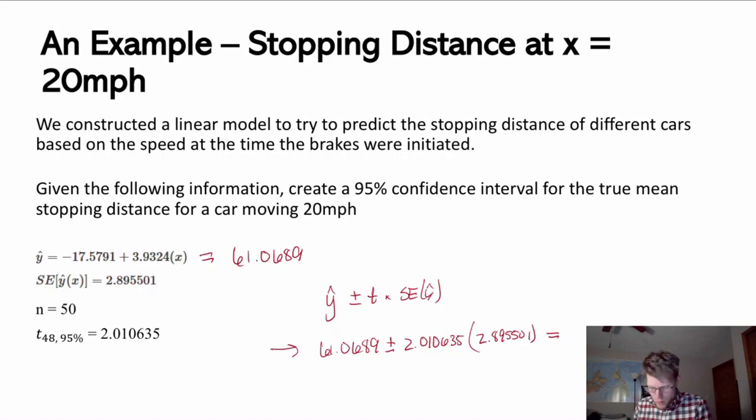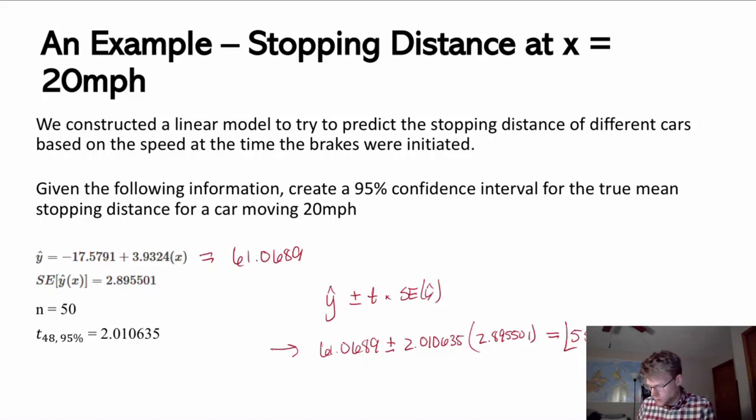And if I start with the lower bound, I'm going to do minus 2.010635 times 2.895501, and I get 55.247 for my lower bound.